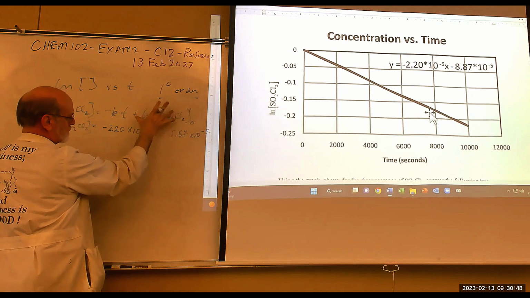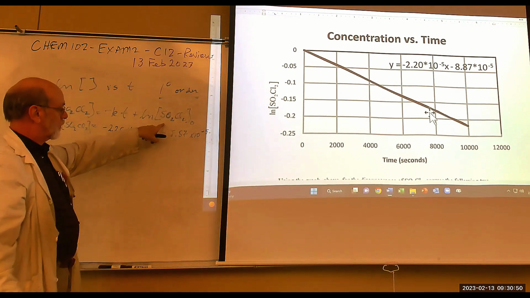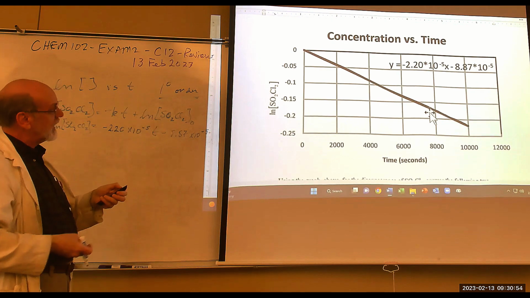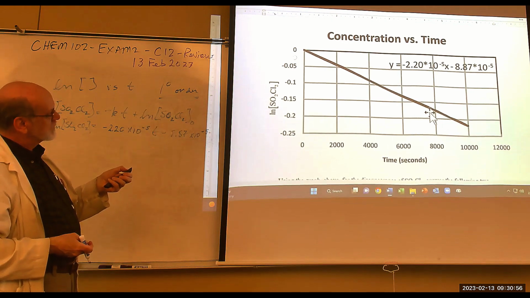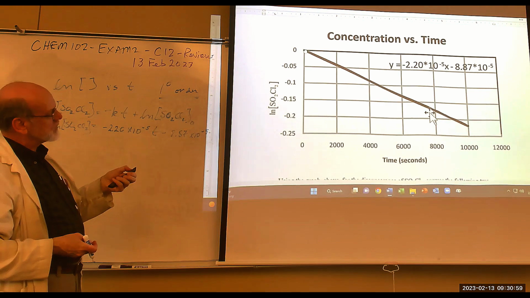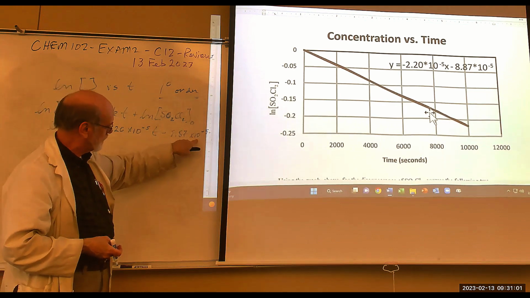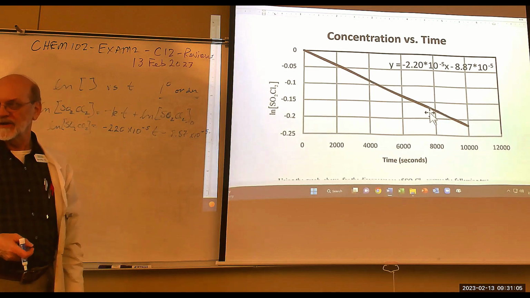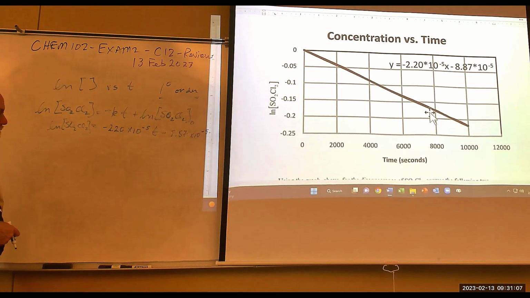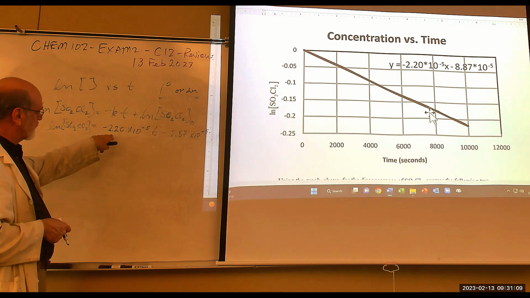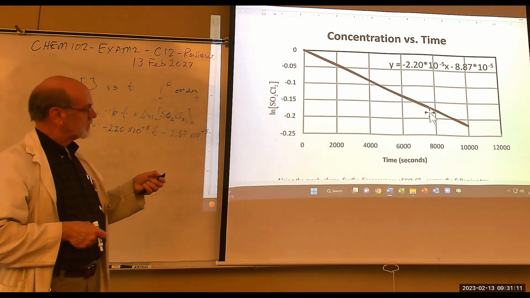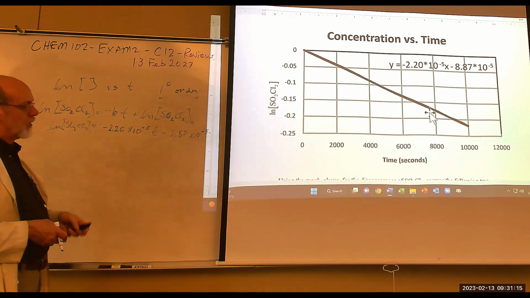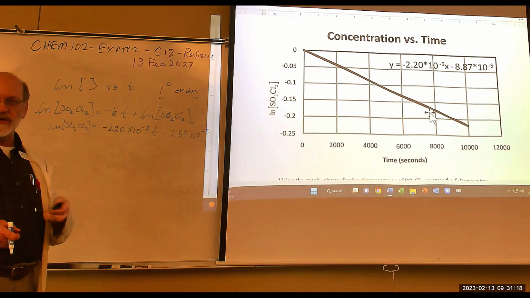That's this term right here. It's a negative. So the y-intercept is going to be a negative value, right? And it's right up there. It looks like it's on the 0, but it's just under the 0, right? Very, very slightly under the 0, negative territory. And the slope is negative 2.2 times 10 to the minus 5. So the slope of this line is that value times t. Okay, now let's answer the questions.